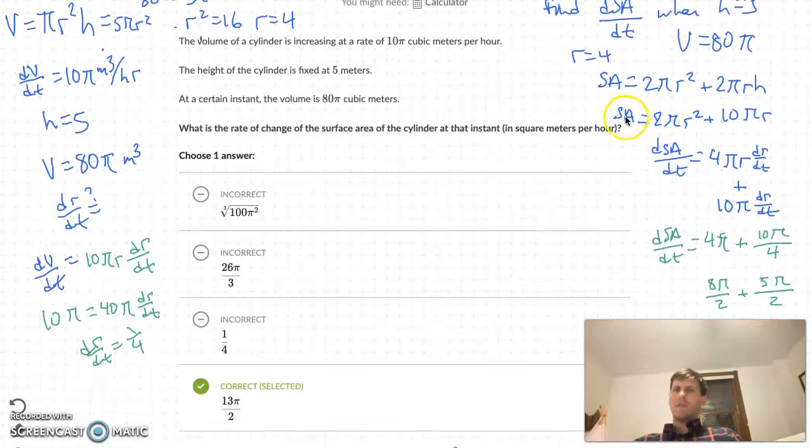So when I took the derivative of the surface area equation, I realized I had to know what r and dr/dt are. Remember, when you're doing these related rates problems, you always need to use the chain rule, because the r value is not just a value, it's a value that's changing over time. So that's why, when I differentiated, I did 2r dr/dt. So I had to also find dr/dt using the volume equation by differentiating that.